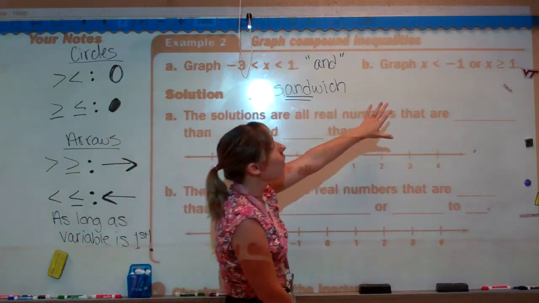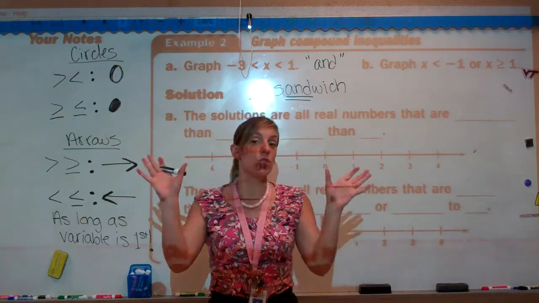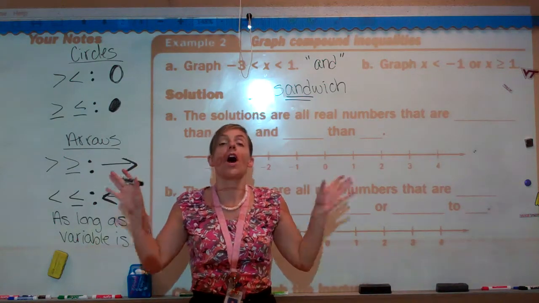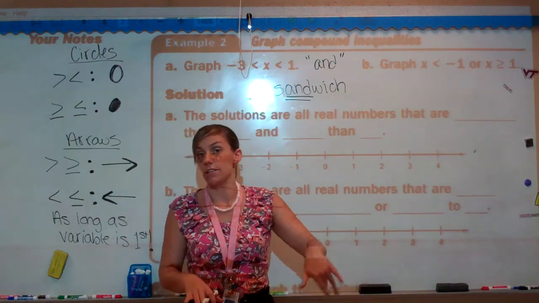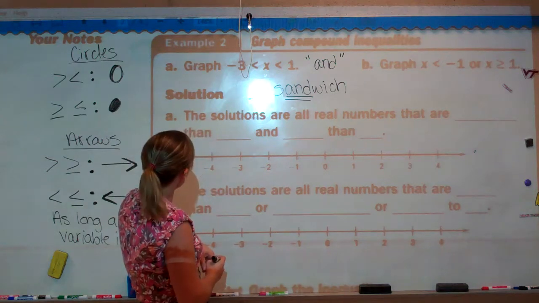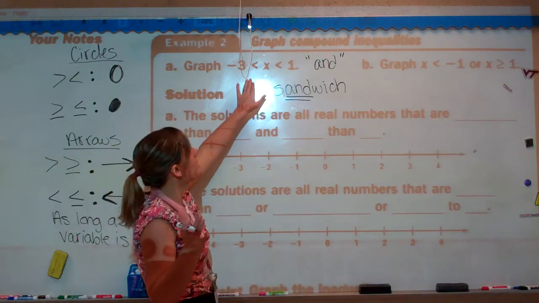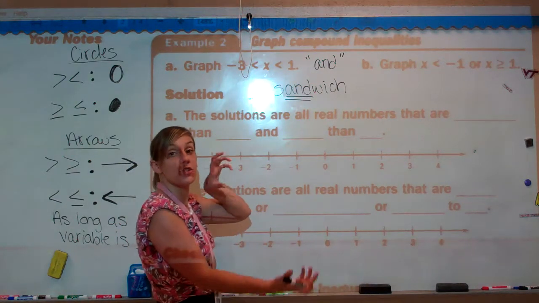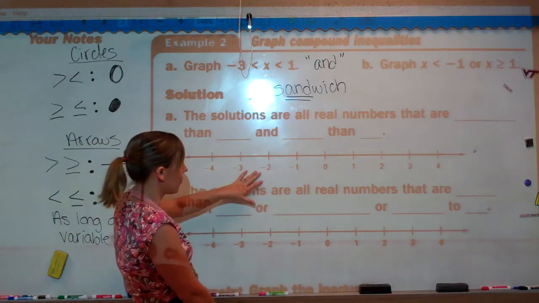And then this is an or problem, okay, which means that you can just put two answers, two solutions on one graph. And so it's either this answer or it's that answer. So that is how I think and see whenever we see compound, which means two inequalities simultaneously on a graph, okay?